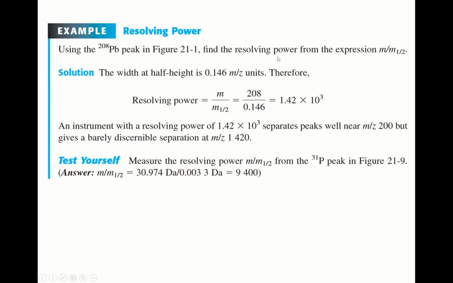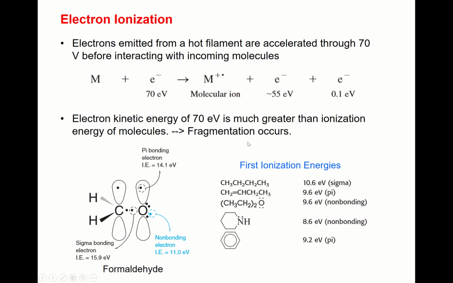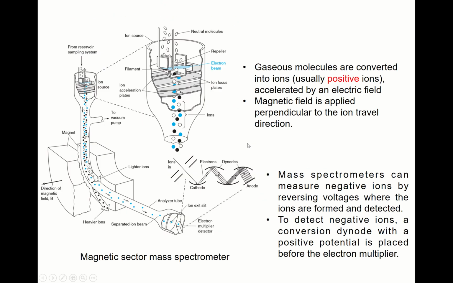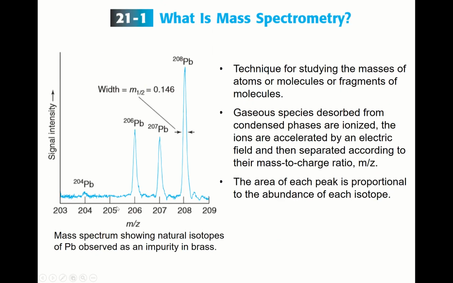Find the resolving power from the expression M over delta M 1/2, with the half height taken from the figure. You can see 0.146.